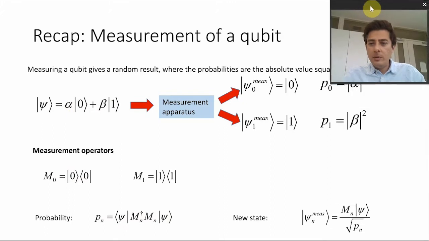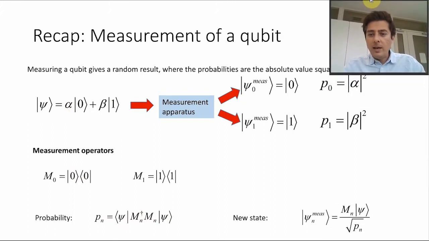And also, we can work out what the outcome of the state is. Again, if we multiply the measurement operator by the state, and then divide by the square root of the probability, then we get what the measurement outcome is. In fact, you always just get the measurement outcome of whatever state you're talking about, so in this case the outcome would just be 0 or 1. So that's how measurements worked. So that's what we already know.